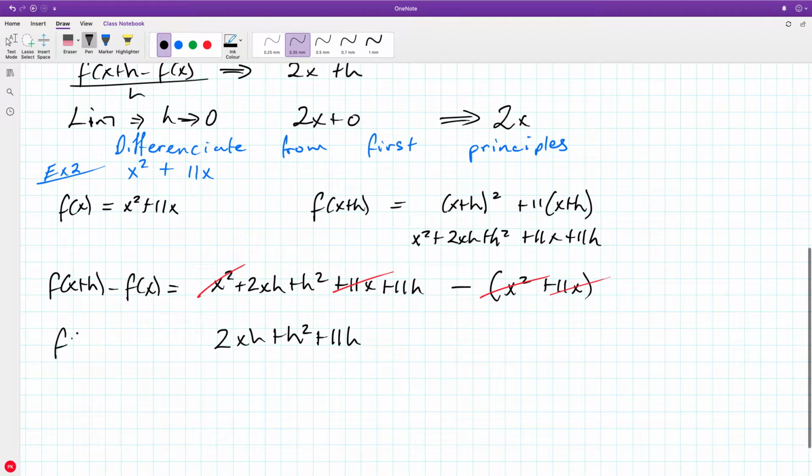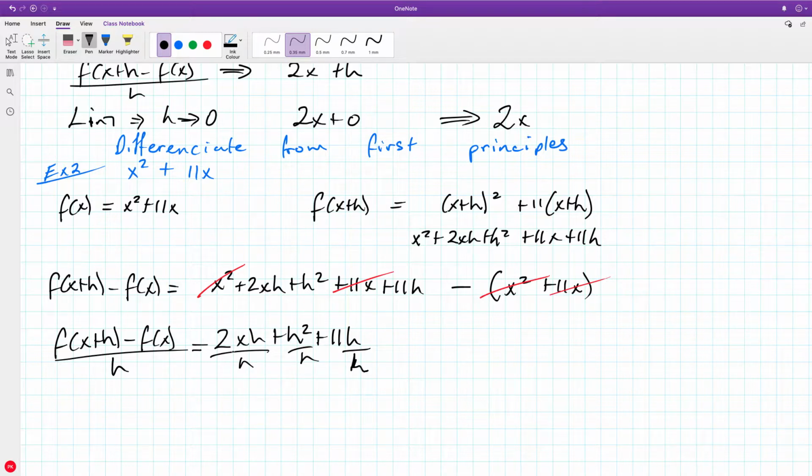The next line of our formula then is function of x plus h minus the function of x all over h. So divide each one of these by h. They cancel, h cancels with the square, and h cancels with the h.